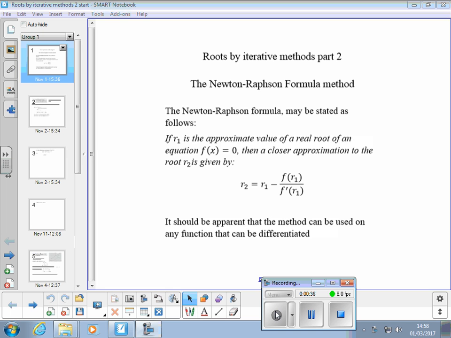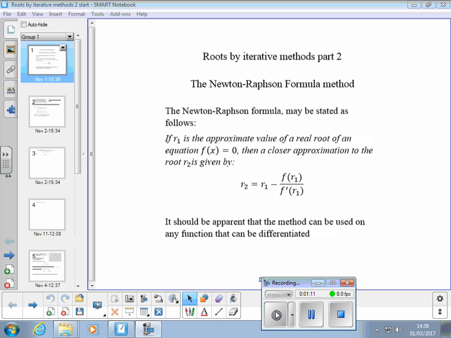Then a closer approximation to the root, R2, our next approximation, can be found with that formula there: R1 minus the function at the value R1 divided by the value of the first derivative at the value R1. So it involves us differentiating the function so that we can use that formula.